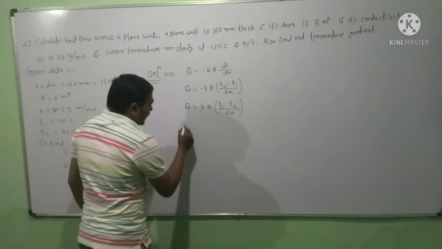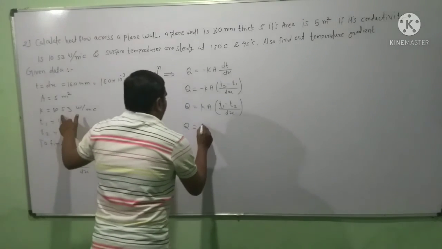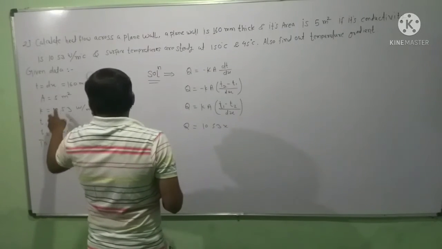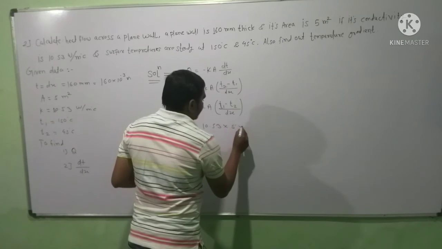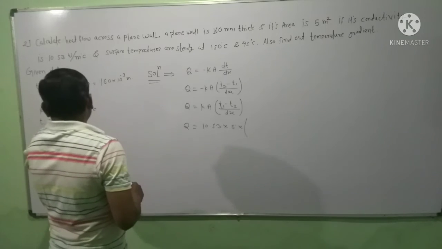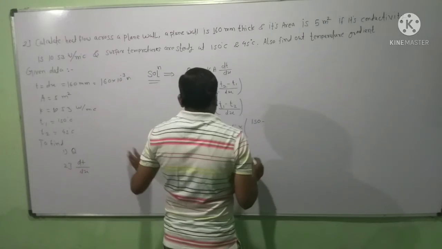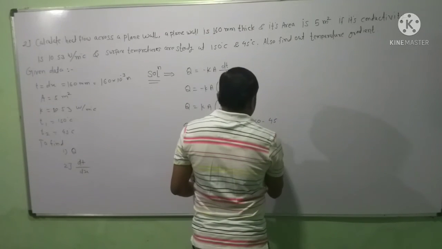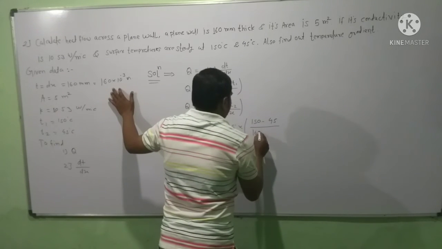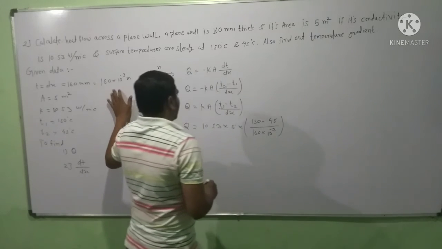It's too simple. Rate of heat transfer Q equals to, K has given, that is 10.53 into area has given, that is 5 meter square, into T1 minus T2, that is 150 degree Celsius minus 45 degree Celsius divided by thickness of wall, that is 160 mm, means 160 into 10 raised to power minus 3 meter.